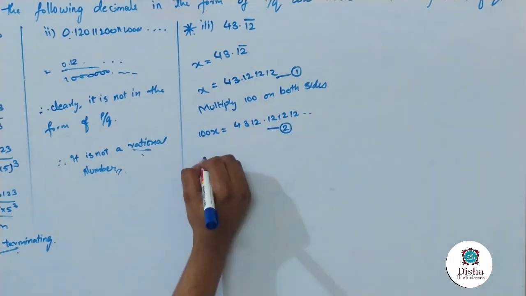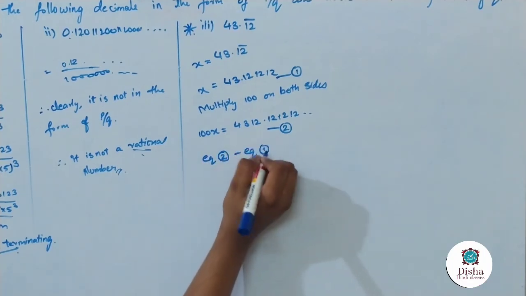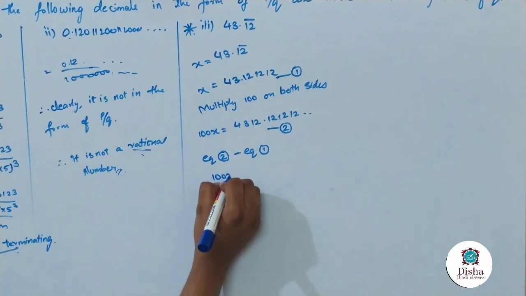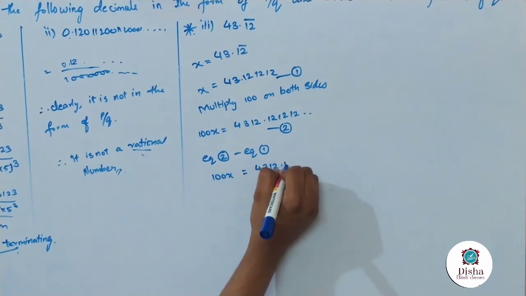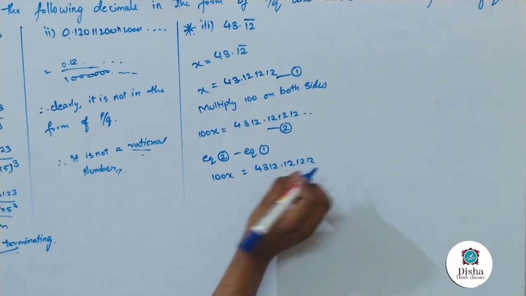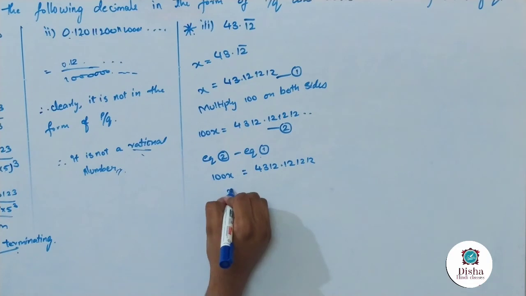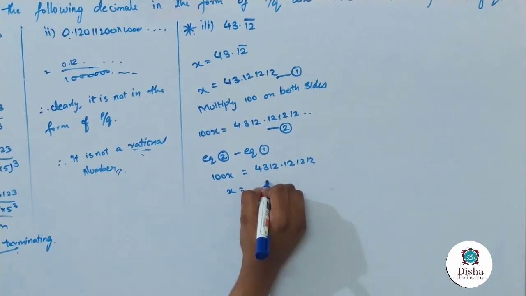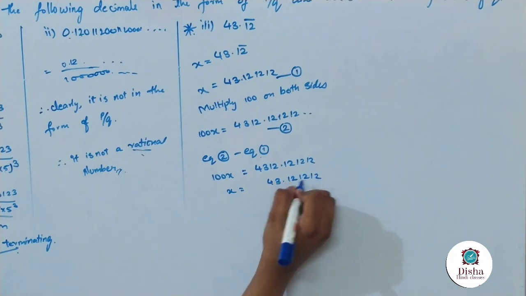Now we do equation 2 minus equation 1. So what we get, 100x equals to 4312.121212, right? In equation 1 we have x equals to 43.121212.